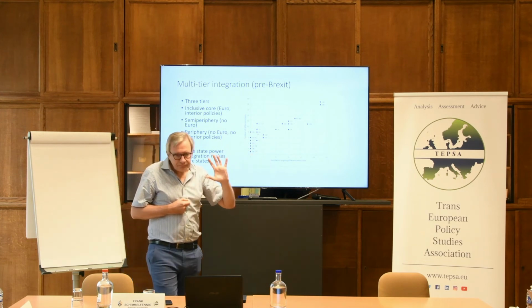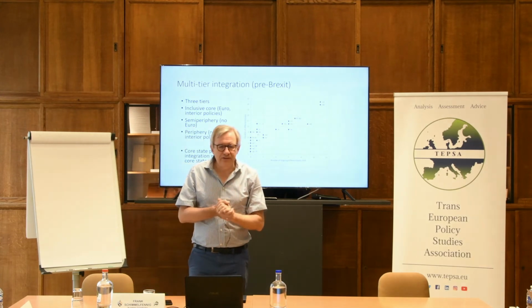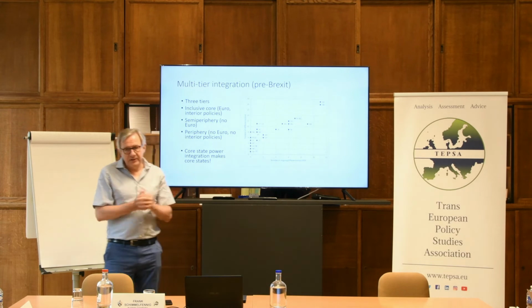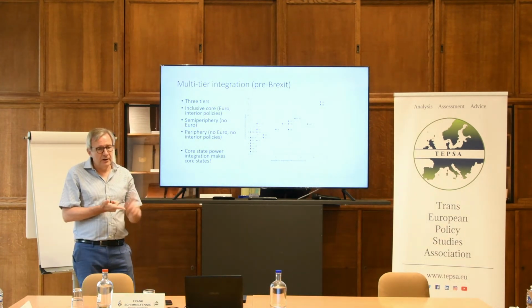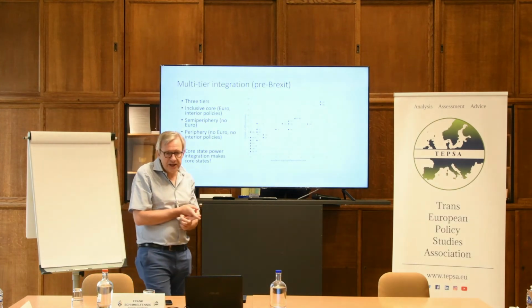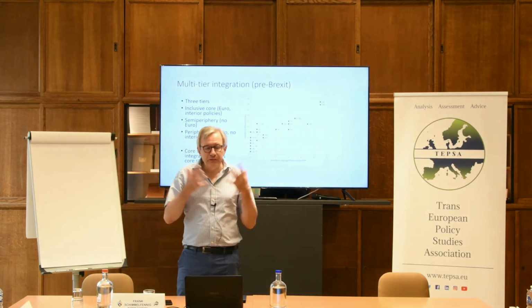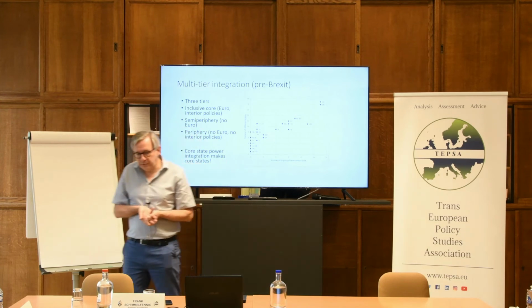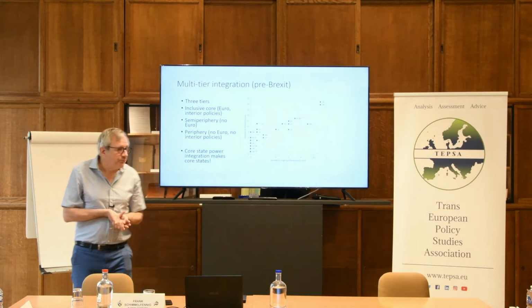But the main policies that create this structure are, as I said, monetary integration, but then also justice and home affairs and Schengen. So again, interior policies that are usually seen as part of core state power policies.